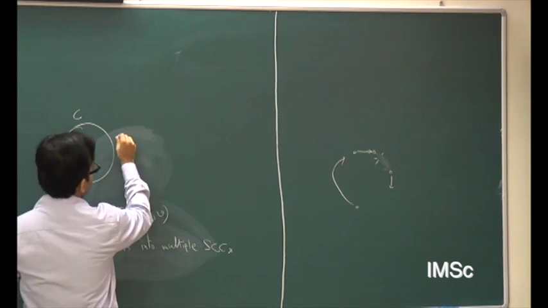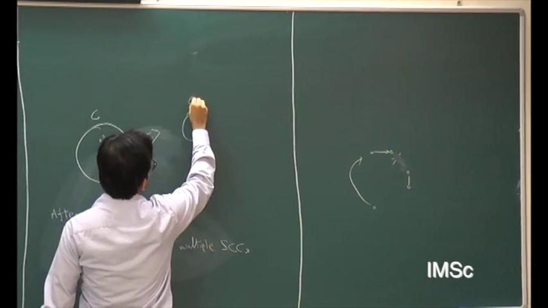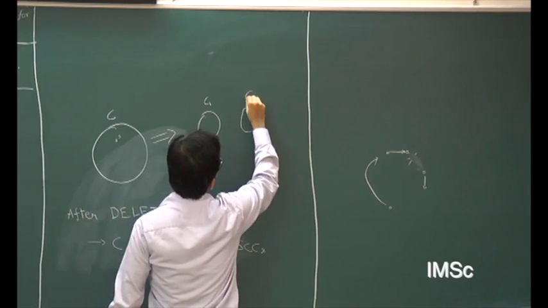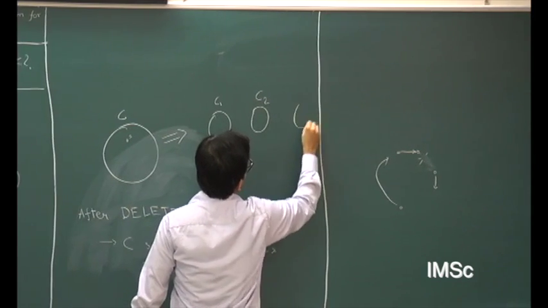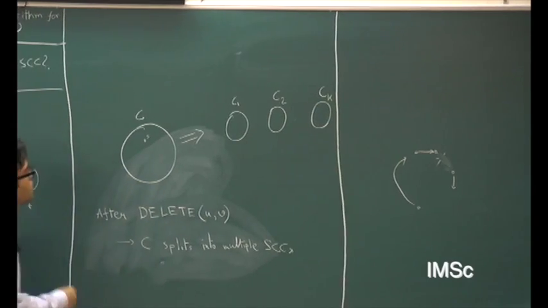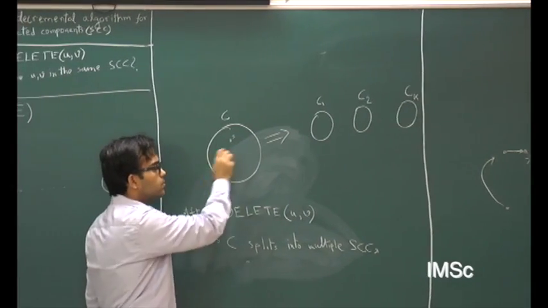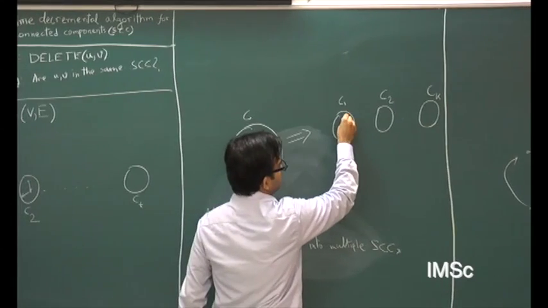So, let us now say that this C splits into C 1 till C k. Without any loss of generality, suppose that this source S belongs to C 1.